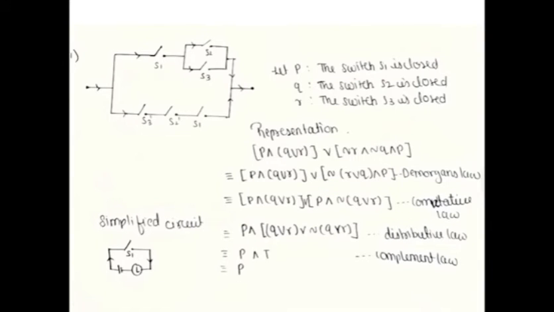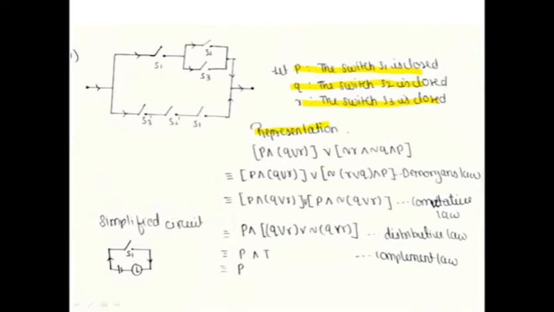Next, this is a little bit complicated circuit. So let's see. We have given a circuit. Let's assume P the switch S1 is closed, Q the switch S2 is closed, R the switch S3 is closed.